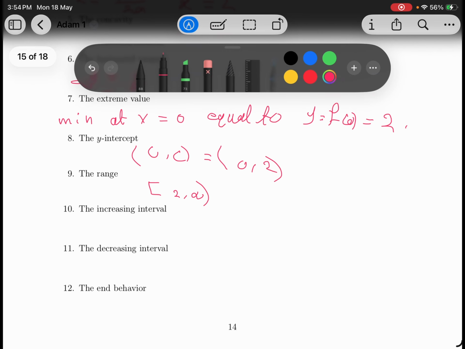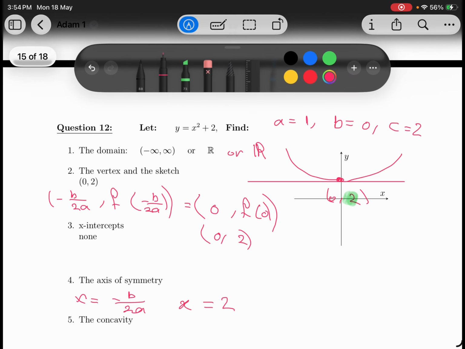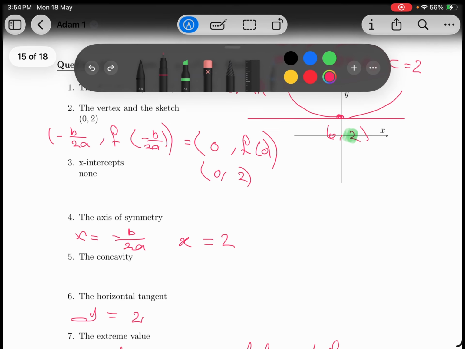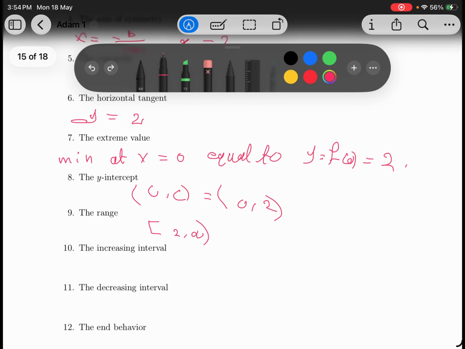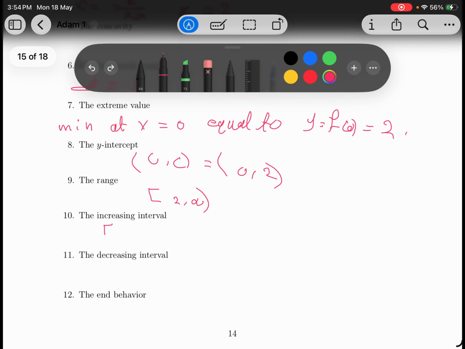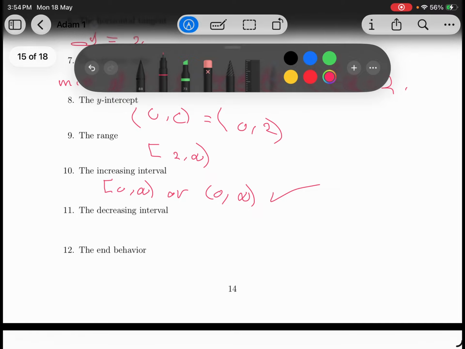And the increasing interval is over this half, which starts from 0 to infinity. So it's increasing from 0 to infinity, or open interval 0 to infinity, both correct, both fine, and decreasing otherwise, from minus infinity to 0 closed, or minus infinity to 0 open.